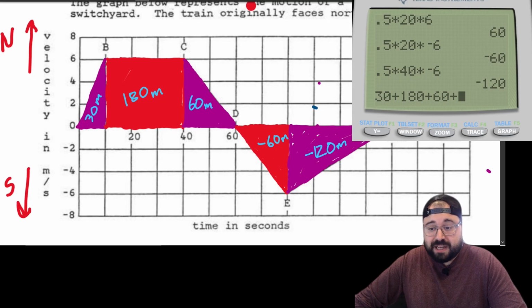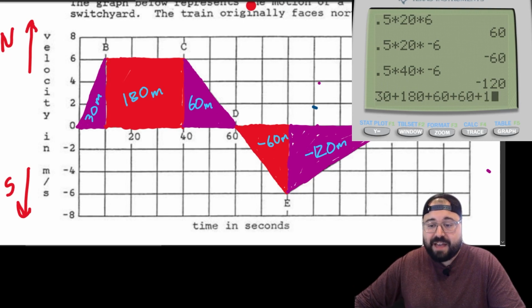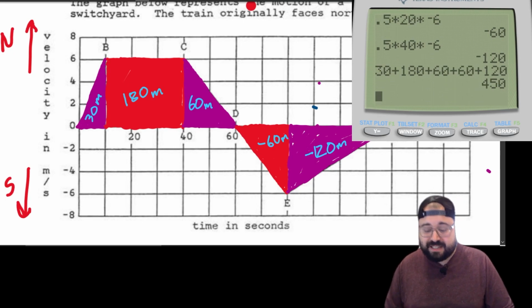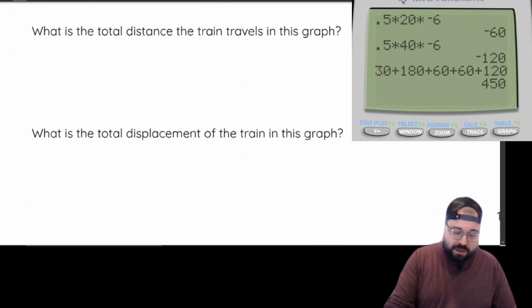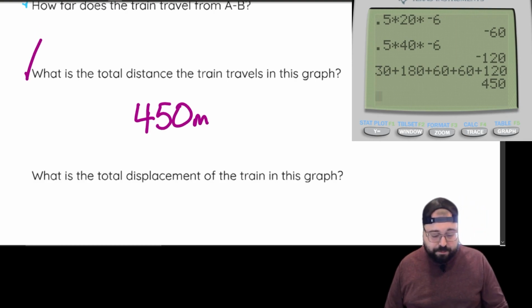I'm just going to do plus 60 because if I'm asked about distance, the direction we traveled doesn't matter. So I'm just going to add these values in, plus 120. So I just add them all up, I hit enter, and we are looking at a total distance of 450 meters. So we'll come in here, the total distance here is 450 meters. Nice, that one's done.